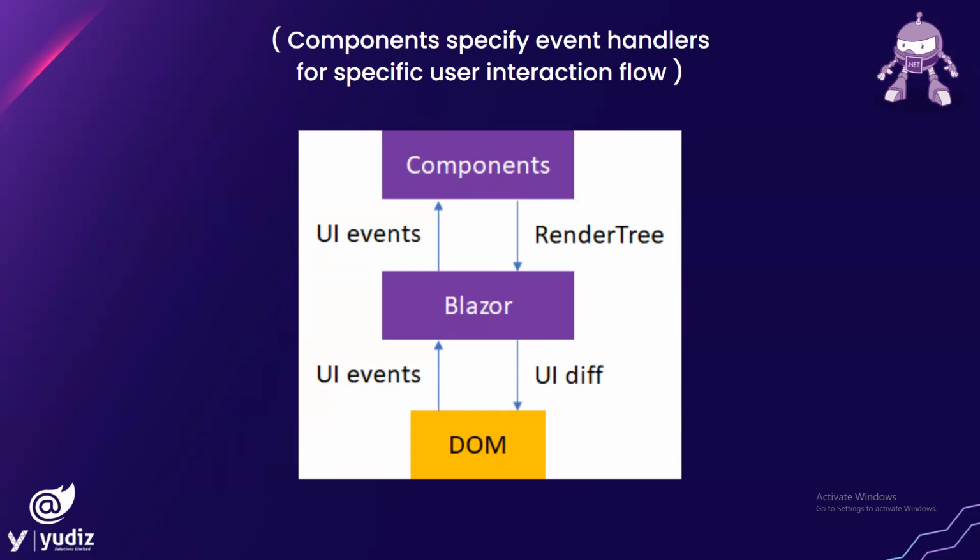In Blazor, if any change is needed, then Blazor renders the updated component, and the component can't directly change the DOM. They send changes to Blazor and Blazor tracks changes. If it is different from the old UI, then Blazor updates the DOM. Okay, so I hope you can understand.